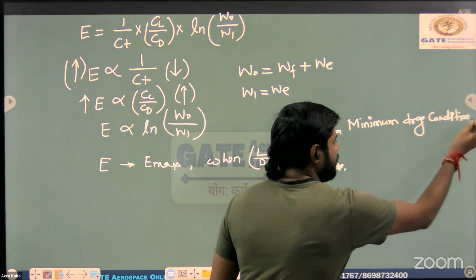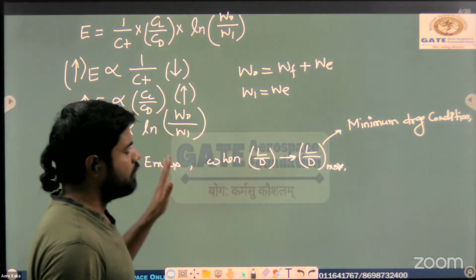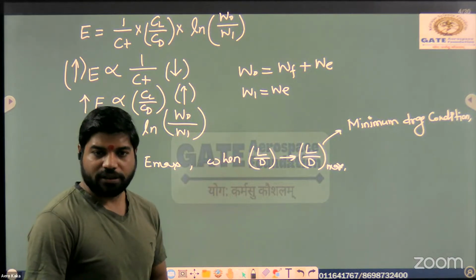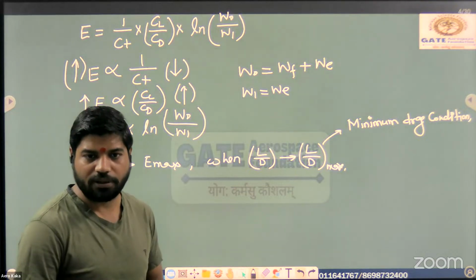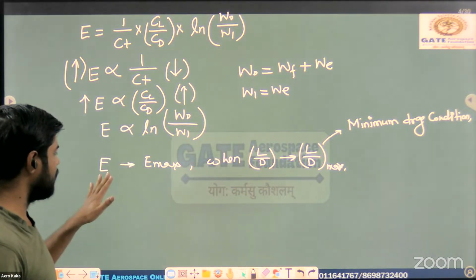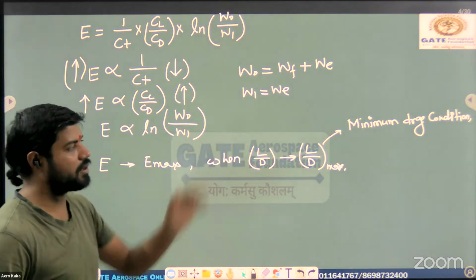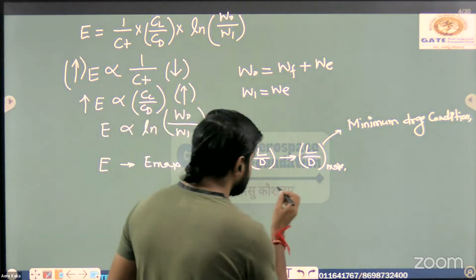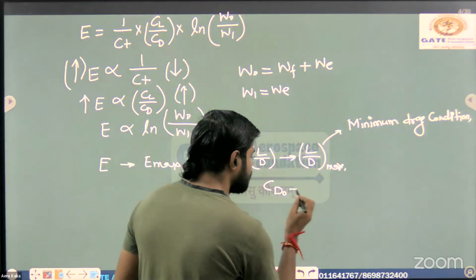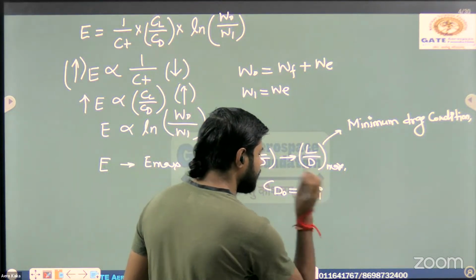Meaning, if you want to maximize the endurance of this aircraft for a particular amount of fuel, then the pilot should fly this aircraft under the minimum drag condition. So what is your minimum drag condition? Simply CD naught is equal to CDI, right?